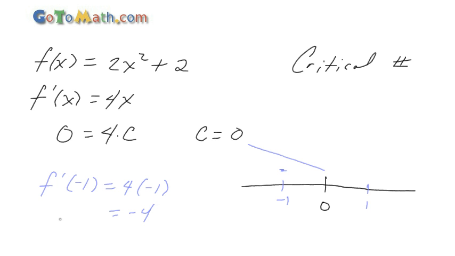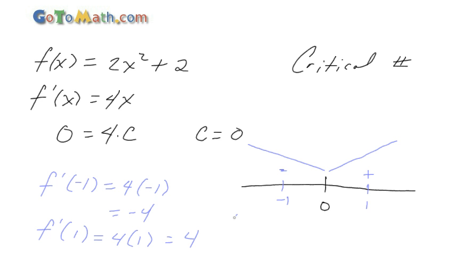Okay, and then you do the other test point, for example 1. So we have 4 times 1, and that happens to be 4, so this number is positive, so I'm going to put a plus sign here, and that means that the graph is increasing.